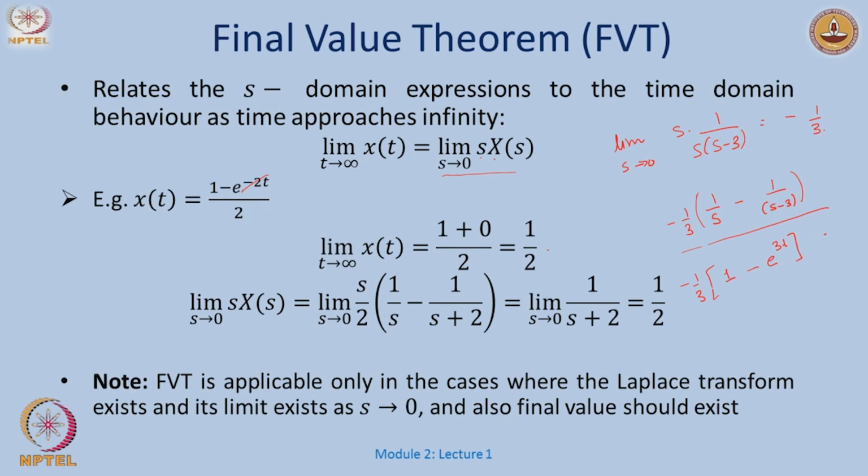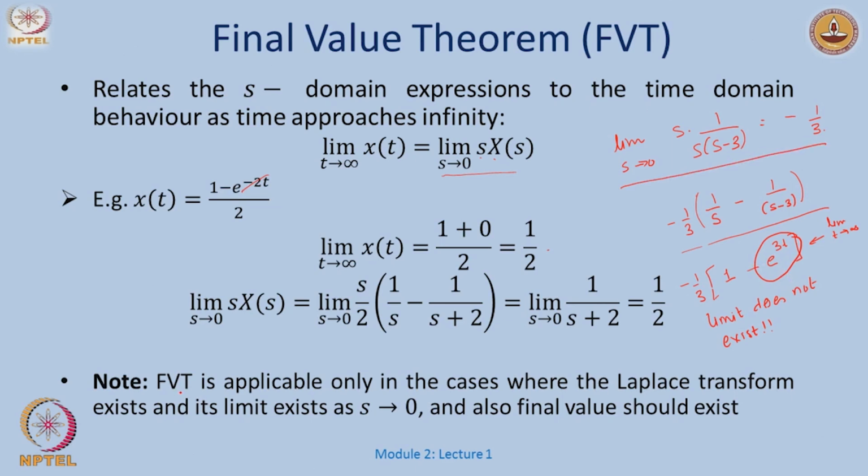Now, if I take the limit of this signal as t going to infinity, I see that this term actually blows up, right. The limit does not exist. And therefore, I should not blindly apply it, I should make sure that first the limit actually exists.